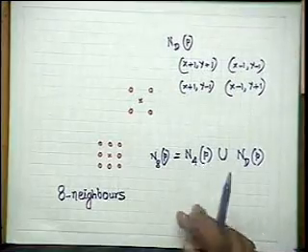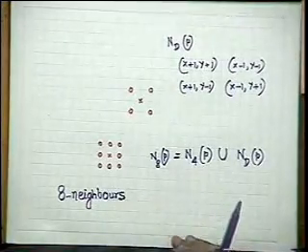Is that clear? So either we will be talking of the 4 neighbors or the 8 neighbors. Now the next definition concerns connectivity of pixels.